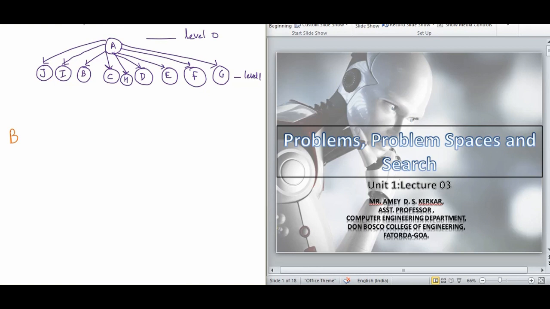Suppose K is the first possibility, L is the second possibility, M is the third possibility, N is the fourth possibility, then O is the fifth possibility, then P is the sixth possibility, Q is the seventh possibility, and R, that's the 8th possibility.